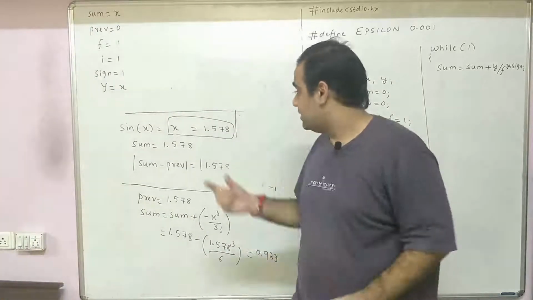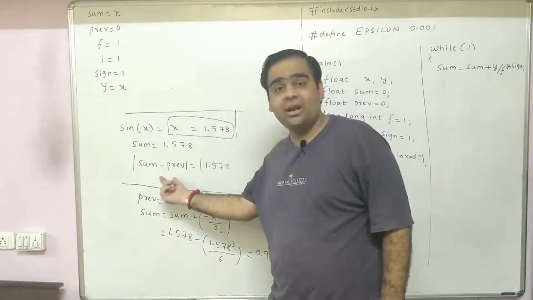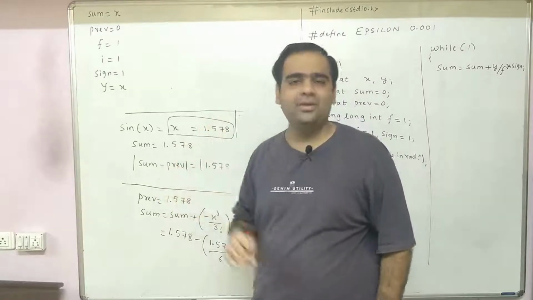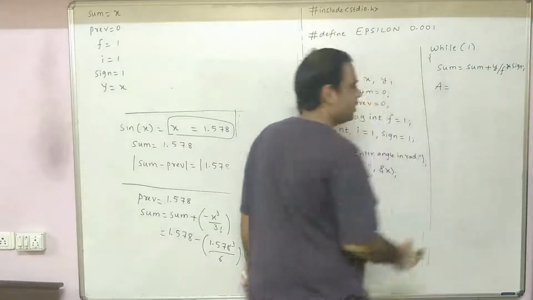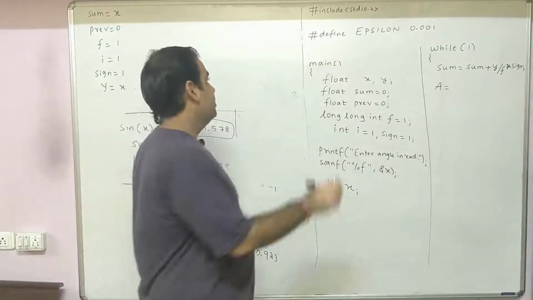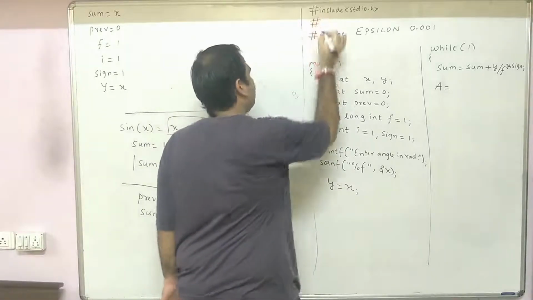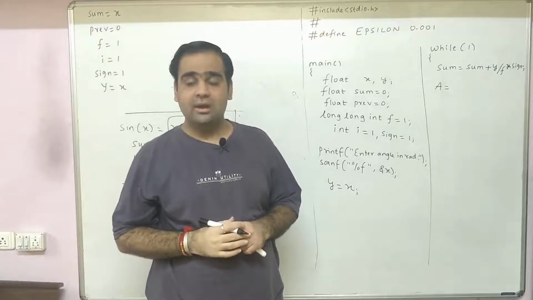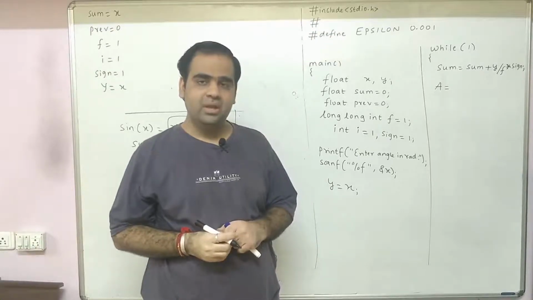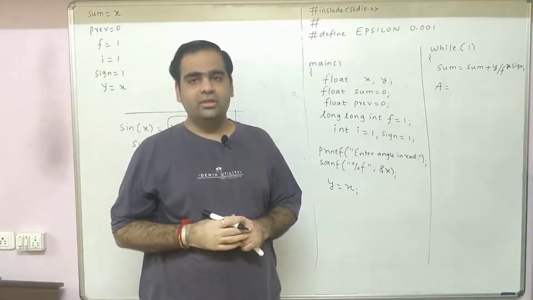Now after you get the first term, you need to find the absolute difference of sum and previous. Therefore, let us say a is equal to, now for absolute there is a function called abs, and abs is only applicable for integers. I have said already in mathematical functions, and I will post the video link in the description section.